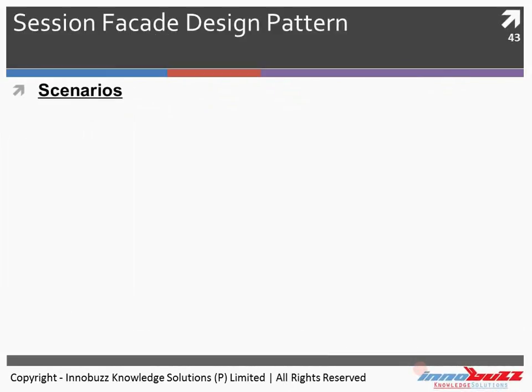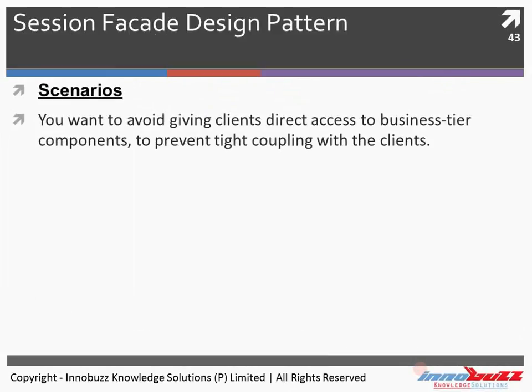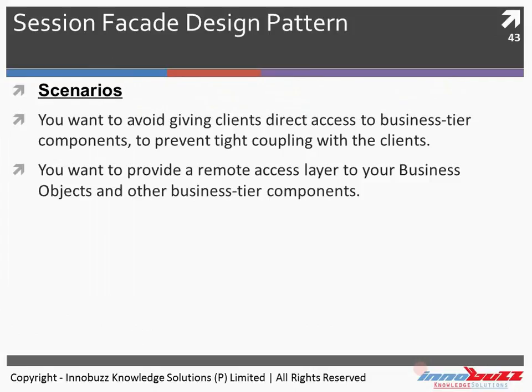If that is the problem, let's see the scenarios which you want to meet. You want to avoid giving clients direct access to business tier components and also to prevent tight coupling with the components. So therefore, you have to avoid direct access as well as avoid tight coupling between the clients.